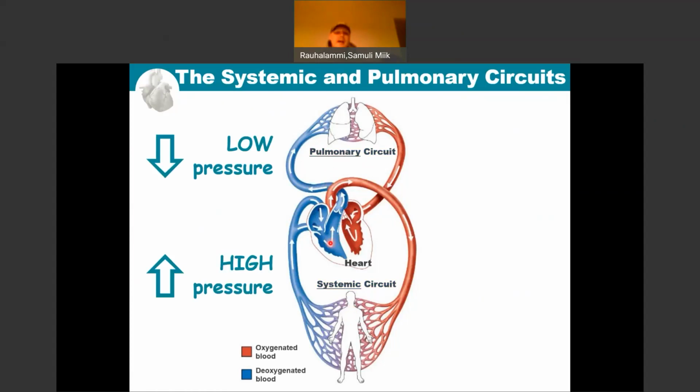On the right-hand side to the pulmonary circuit, the force is going to be lower, so we have low pressure there, whereas the left-hand side pumping to the systemic circuit loop is going to have very high pressure on the blood. So I hope that that makes sense. And that kind of prepares us to start looking at the heart in greater detail.